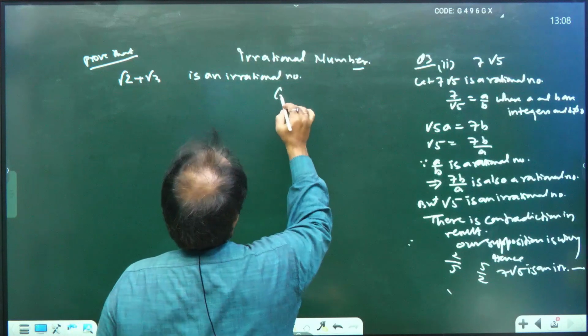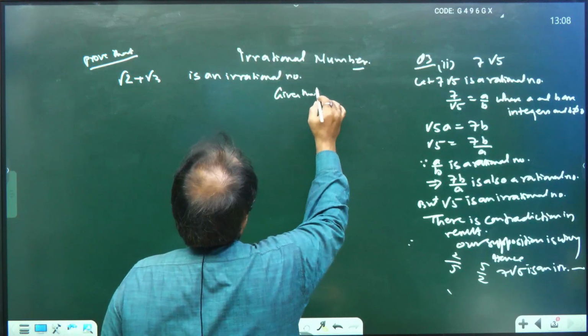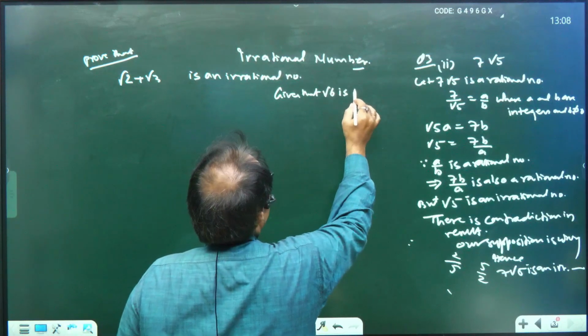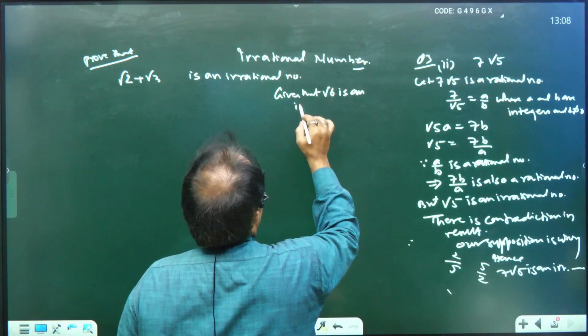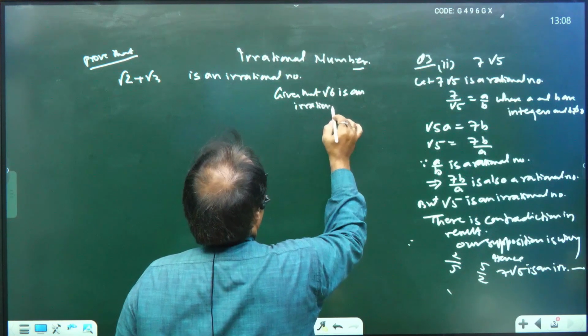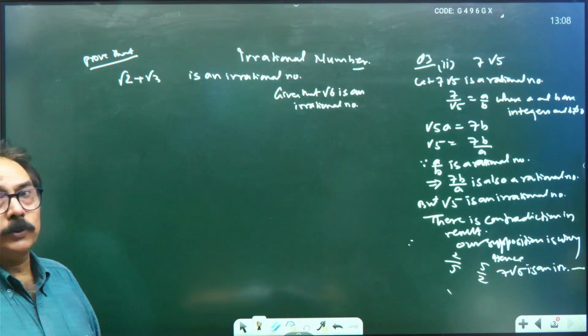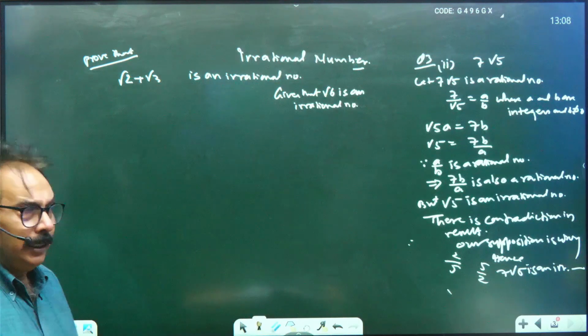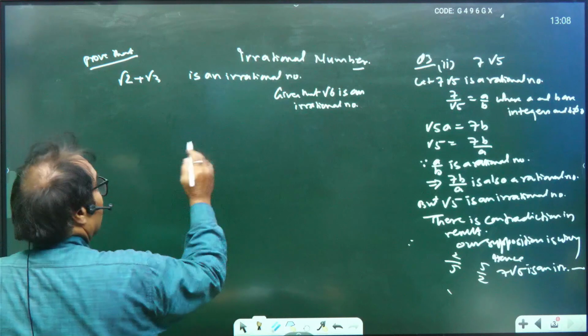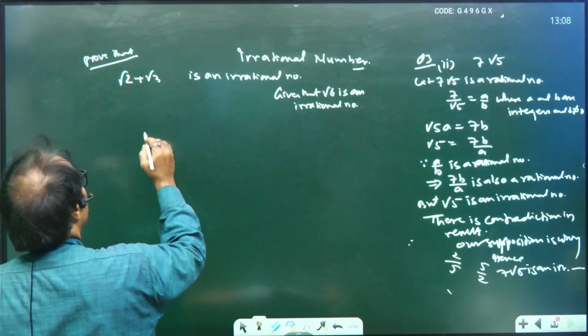And given that root 6 is an irrational number. This is given. Then show that root 2 plus root 3 is an irrational number. Okay. So in the same way, nothing to be confused.